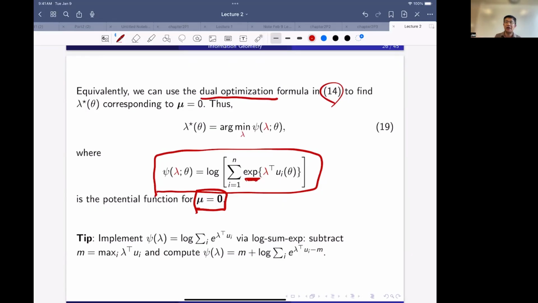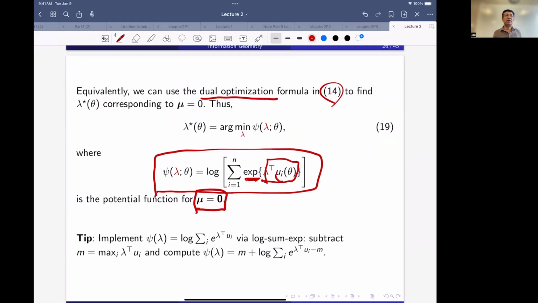It's huge, right? So maybe it's beyond the memory limit, and then you will have some problem. One way to avoid this problem is to always make sure that whatever is inside the exponential transformation is small.